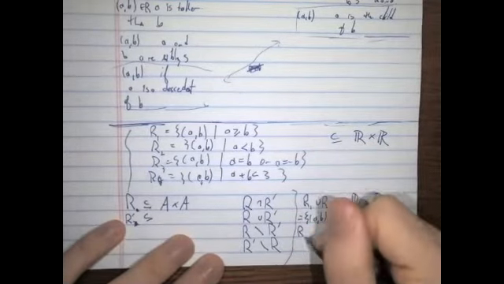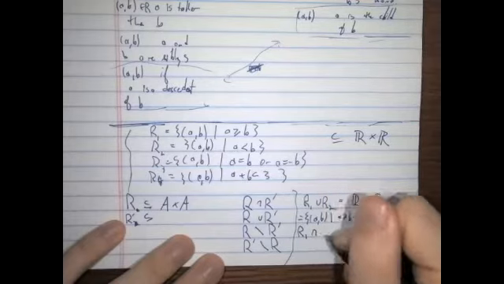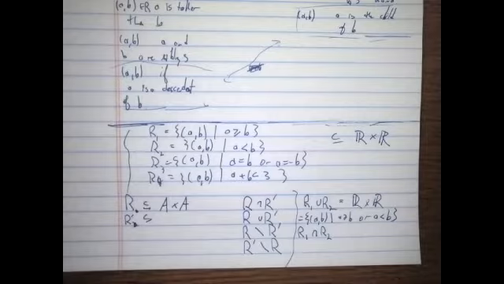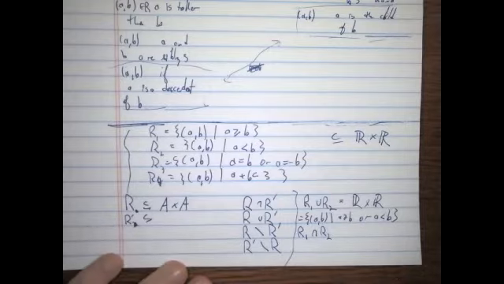Similarly, I can ask for their intersection. What's R1 intersect R2? Well, in any case, the only elements in here are tuples. So this is the empty set. Exactly.